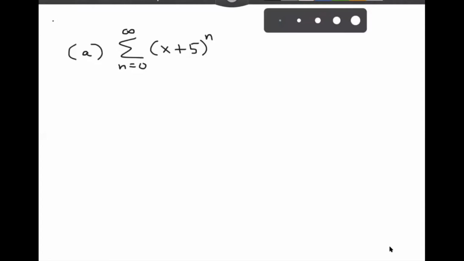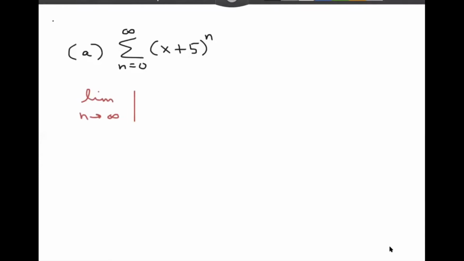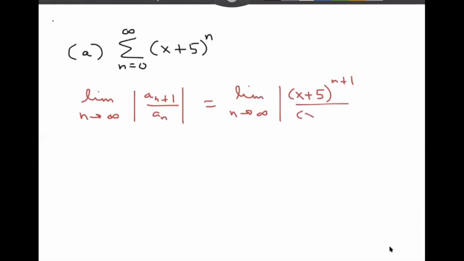So again, we're going to use the ratio test to start off with. The limit as n increases without bound of absolute value a sub n plus 1 over a sub n is going to equal the limit as n increases without bound of the absolute value x plus 5 to the n plus 1 over x plus 5 to the n.